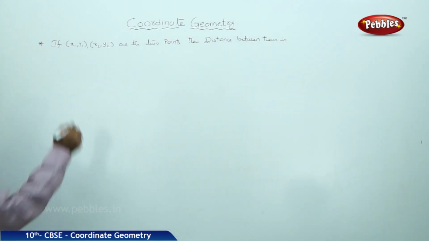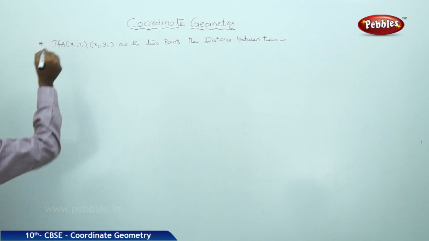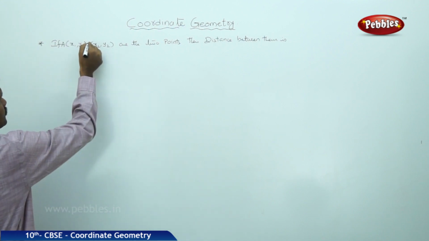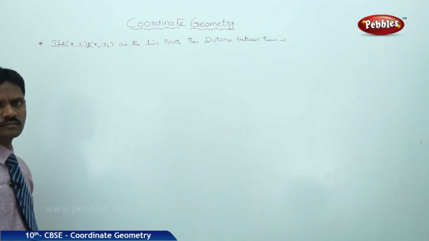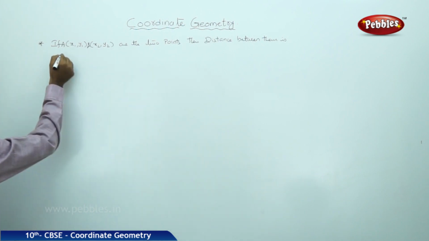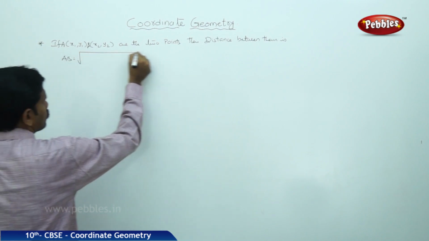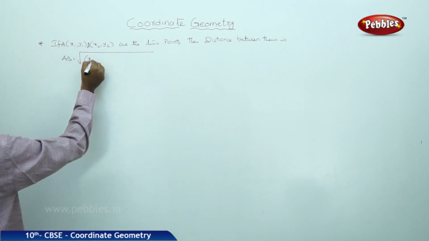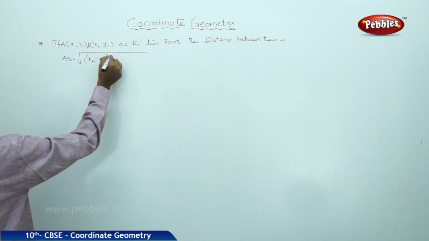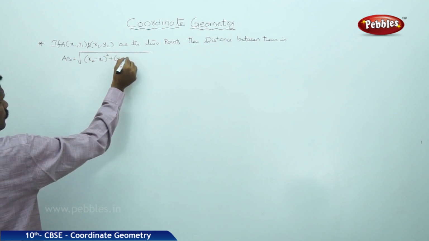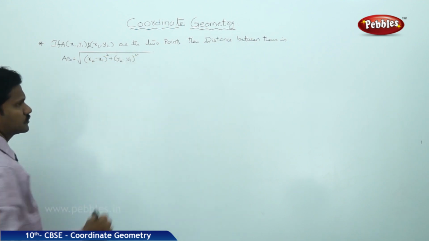Let us consider the first point named A and the second point named B. Now the distance between them, AB, is equal to the square root of (x2 minus x1) whole squared plus (y2 minus y1) whole squared.